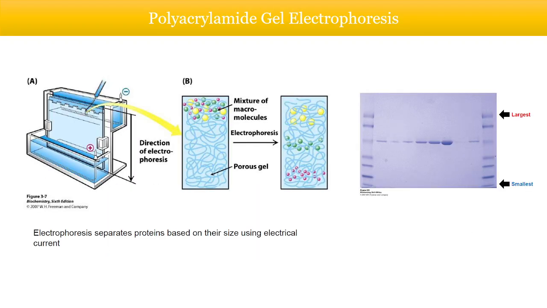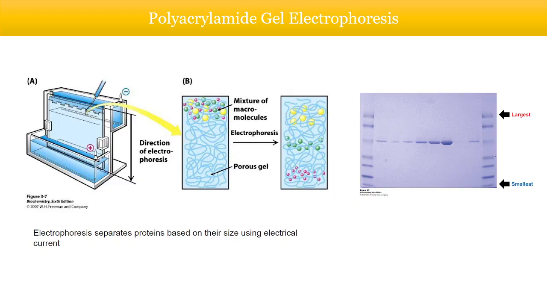The other technique that we can use is polyacrylamide gel electrophoresis. It's a type of electrophoresis where we run the proteins in a gel in an electrophoresis system, through constant current or constant voltage, and there also you are resolving them based on their size and shape.